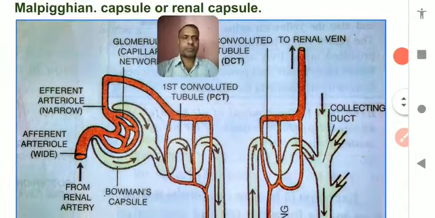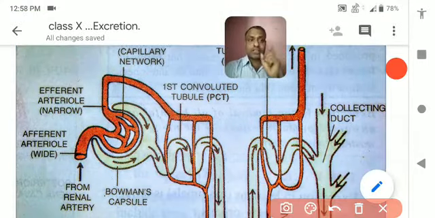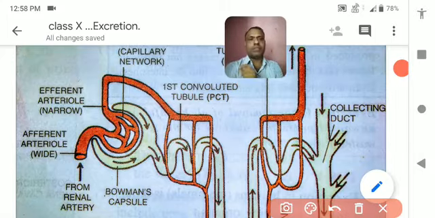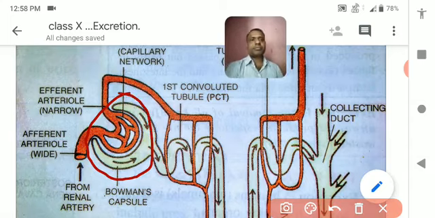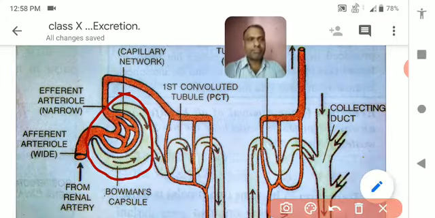Just look at what I am marking over here. This cup-like structure, the yellow colored cup-like structure, is the Bowman's capsule.